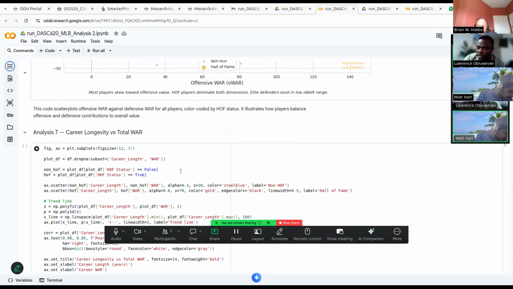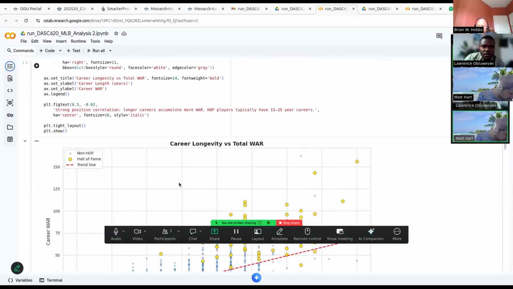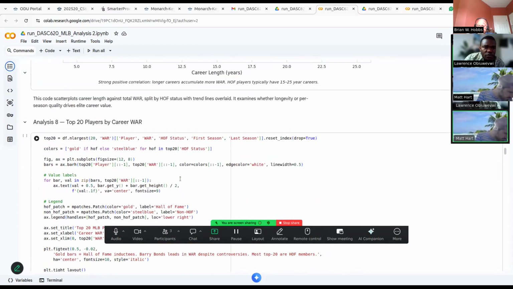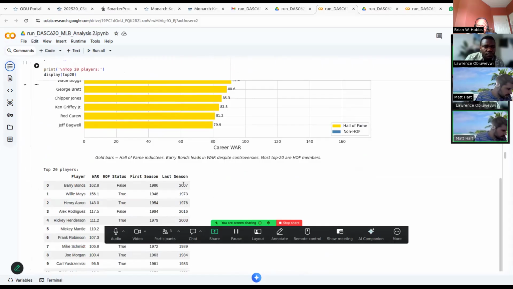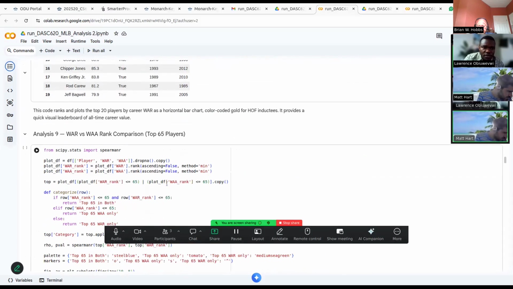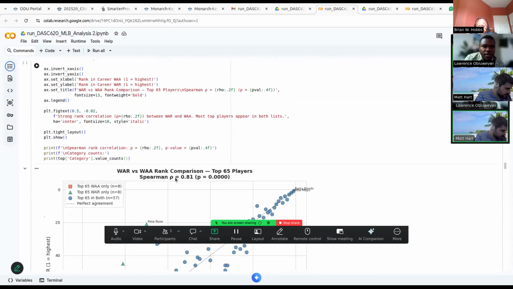And then analysis seven, we did career longevity, how it affects the total WAR of the players. Analysis eight, we plotted the top 20 players by career WAR. Analysis nine, we ranked the comparison between the WAR and the WAA ranking of the players.